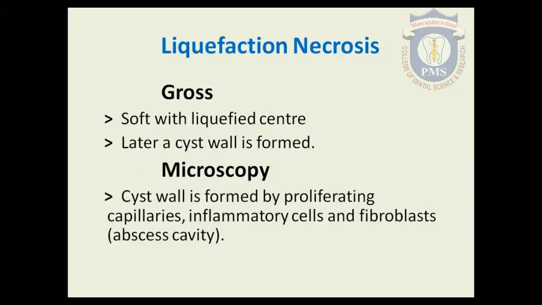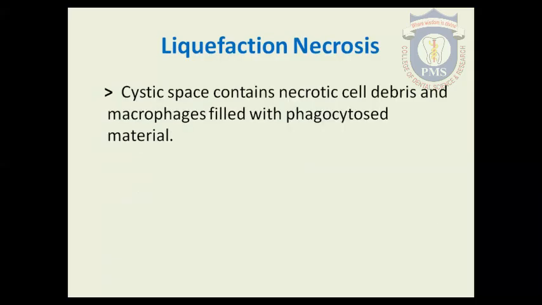Gross appearance. It is soft with a liquefied center. Later, a cyst wall is formed. Microscopy. Cyst wall is formed by proliferating capillaries, inflammatory cells, and fibroblasts.